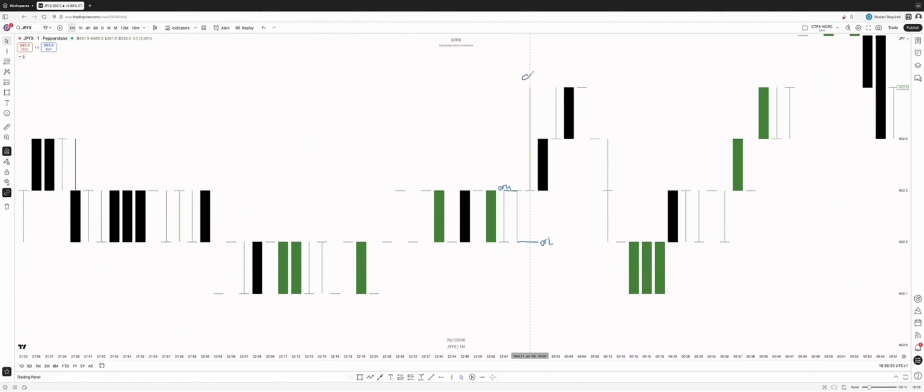That means the signal of this day started as D plus if you are using the closing candle method. Are you with me? But if you are using the opening candle method, it would mean that this candle that opened the day here would be your open range high and open range low, sorry.